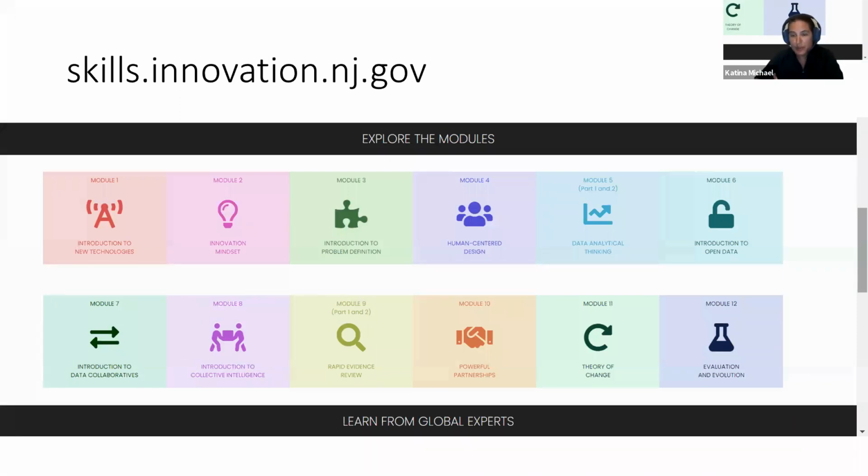And if we go through them, again, another phased approach: intro to new technologies, public interest tech, innovation mindset, more like design thinking, a problem definition, a user-centered design or human-centered design, analytical thinking, the introduction of open data, collaboratives, collective intelligence. How can we pull big data together to be able to provide responses, evidence reviews, powerful partnerships, and we talked about partnerships in the second video of this lecture, and the theory of change.